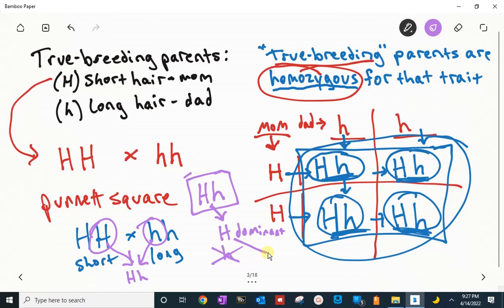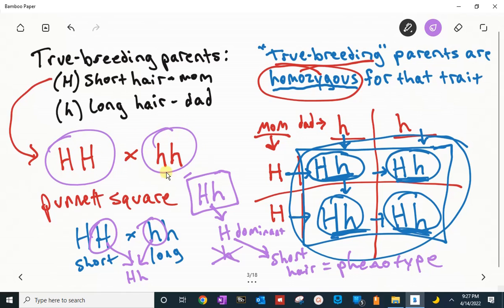So the capital H is going to be what the kitten looks like, which is short hair. So short hair would be the phenotype of the child that was made by the crossing of this homozygous mom for the dominant trait and this homozygous dad for the recessive trait.